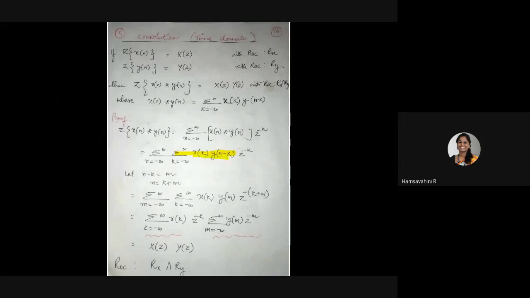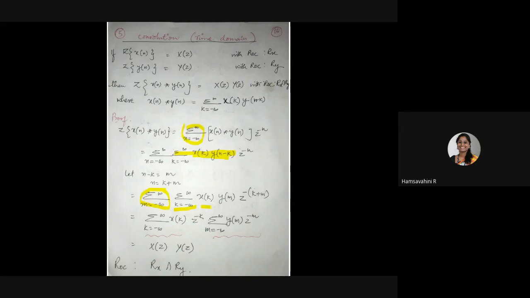Now, in this, let us replace n minus k with m. Then n will become k plus m. By modifying, when n tends to infinity, m also tends to infinity, and when n tends to minus infinity, m also tends to minus infinity. So this n summation is replaced with m, and we keep k equal to minus infinity to plus infinity as it is. x of k remains as it is.